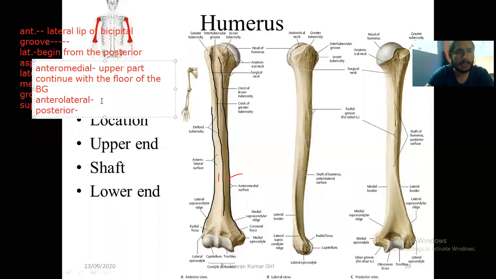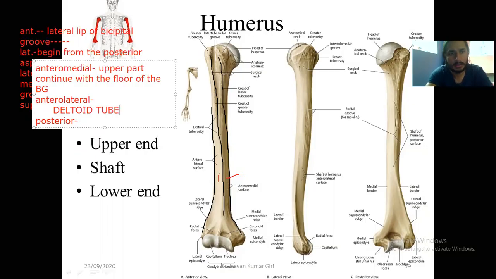Now next, if you see the anterior lateral surface, in the middle part of the anterior lateral surface you will find one tuberosity, the deltoid tuberosity. This is a U-shaped bony prominence present in the anterior lateral surface.